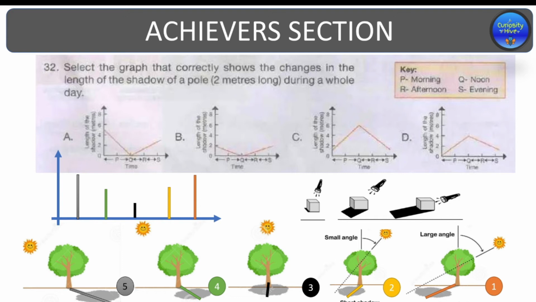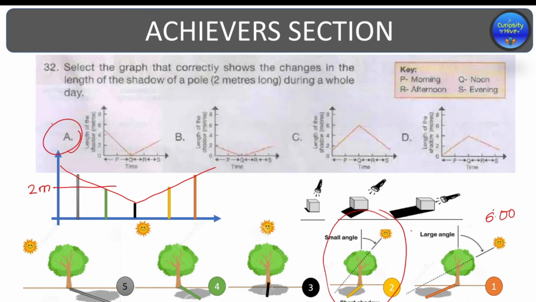So if we plot it, it will be something like this, and as I mentioned, towards the center, so if this is 6, maybe we can say by 9 or mid of the morning time, it will be 2 meters. That is the length of the pole. So based on that, we can conclude that A is the right answer because 2 is somewhere in the middle of the morning time. So that's our right answer.